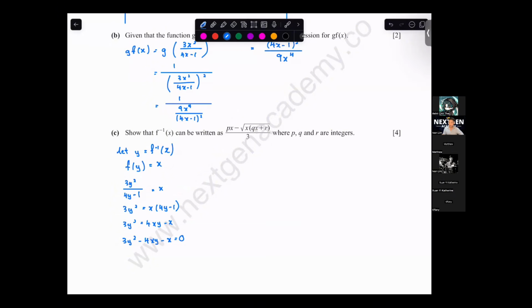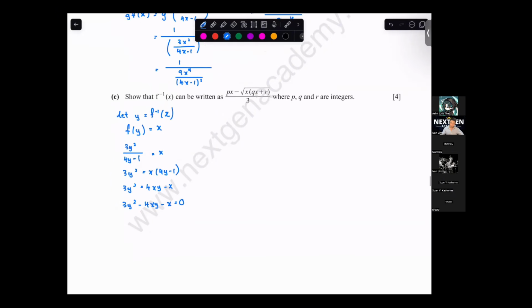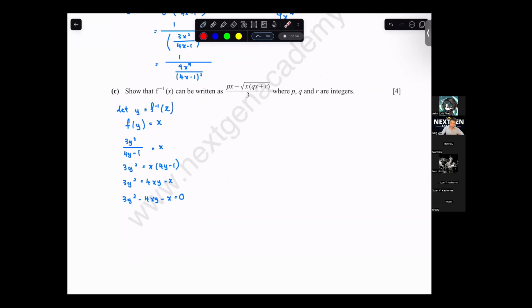This is a quadratic formula. What is your a, b, and c over here? a is equals to 3, b is negative 4x, c is equals to negative x. I want you all to remember this because this is in a quadratic formula form.